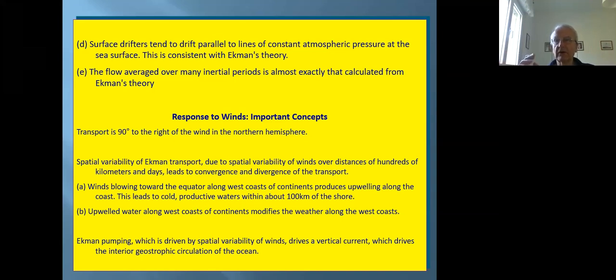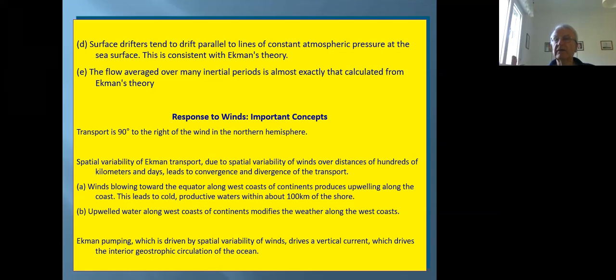And so, consistent with Ekman theory, which we will be looking at now, the drifters are moving parallel to constant atmospheric pressure lines at the sea surface, which is exactly what we'll see later on from Ekman theory.